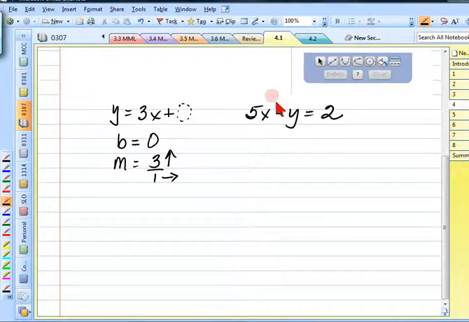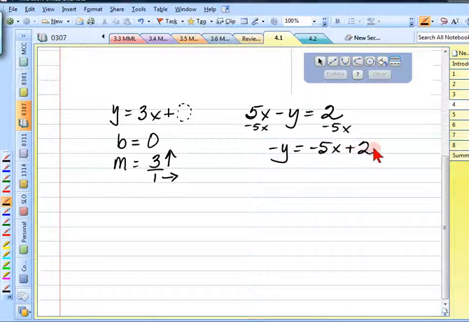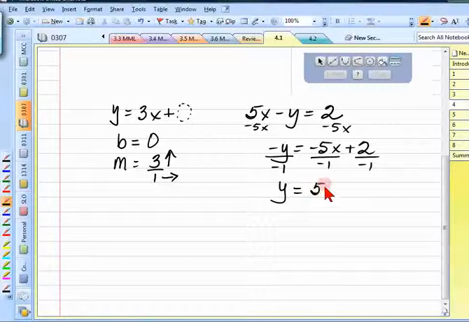This equation, I'm going to have to subtract 5x. I have negative y is equal to negative 5x plus 2. What's my last step? Divide by negative 1. Divide everything by negative 1. And I get y is equal to, what's a negative divided by a negative? Positive 5x.